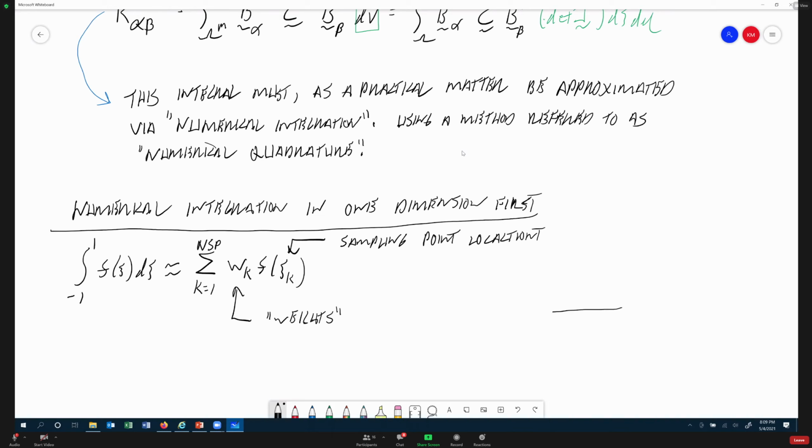And think of it as a number line, -1 to 1. And we have this f(ξ). And let's see if I cannot butcher this.